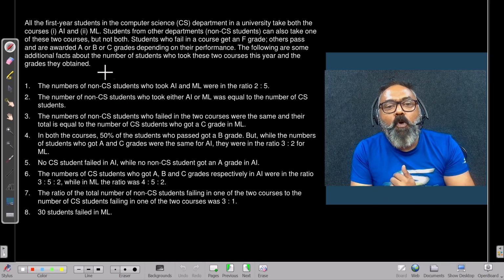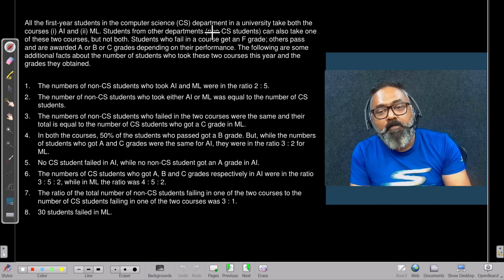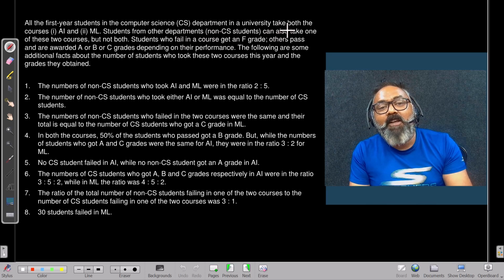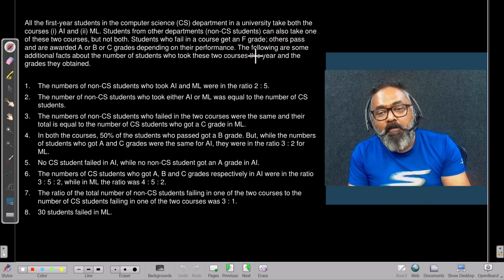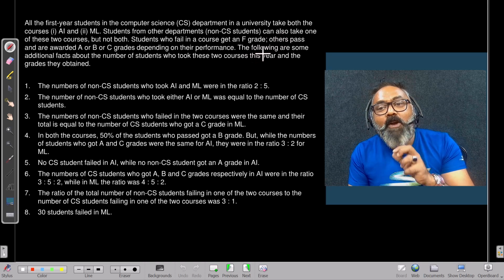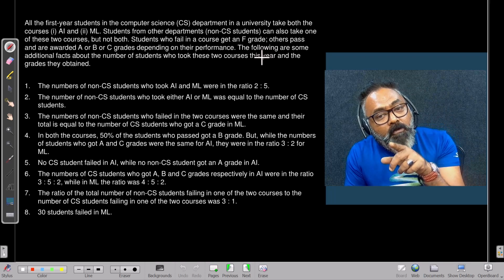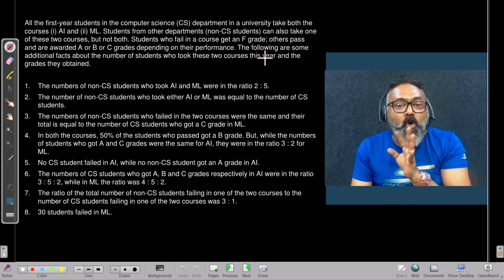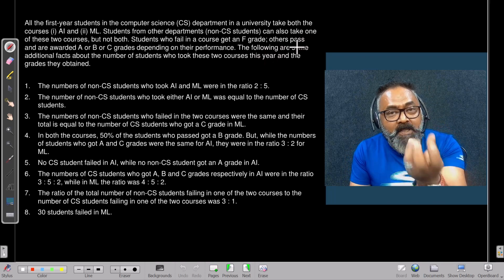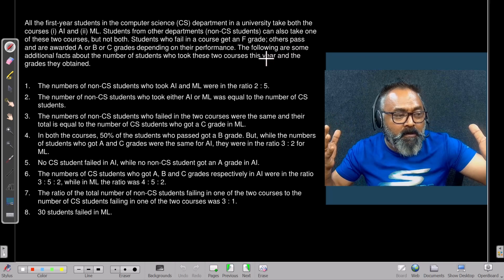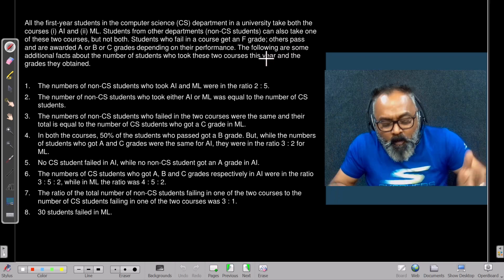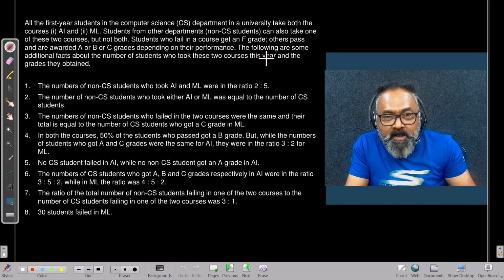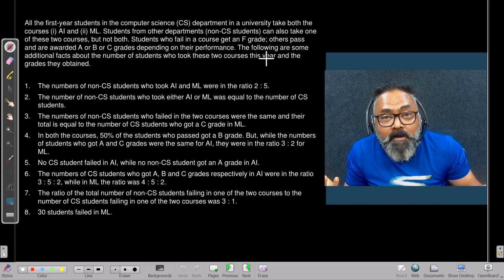So it says that all the first year students in the computer science department in a university take both the courses, AI and ML. Students from other departments, non-CS students, can also take one of these 2 courses, but not both. So already we see pieces for this game. Imagine we are playing a game like chess. We need to have a board, we have pieces, and then there are rules of engagement.